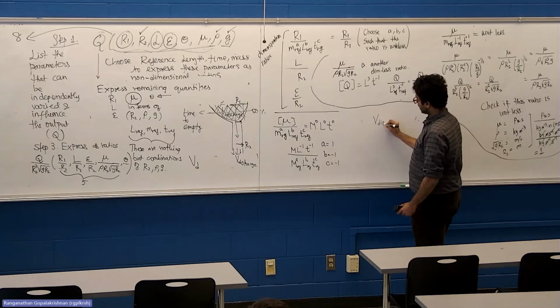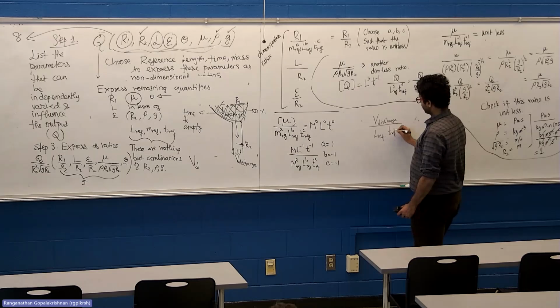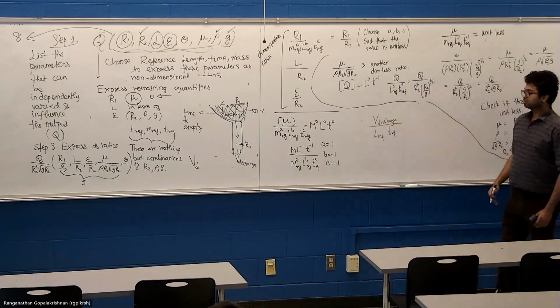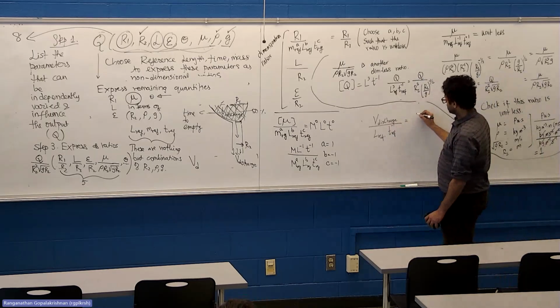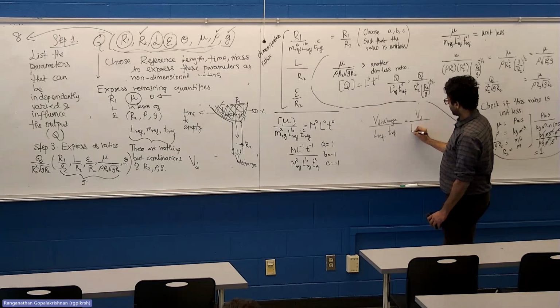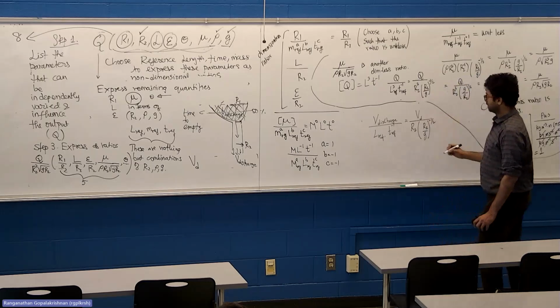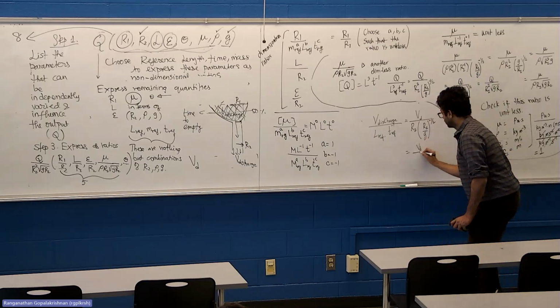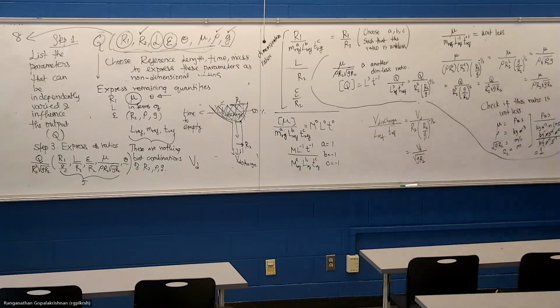V discharge, I want to express this as L reference multiplied by T reference to the negative 1. This is V discharge divided by R2 over G to the negative half. So this is going to be Vd over square root of GR2. Square root of GR is the scaling for velocity.